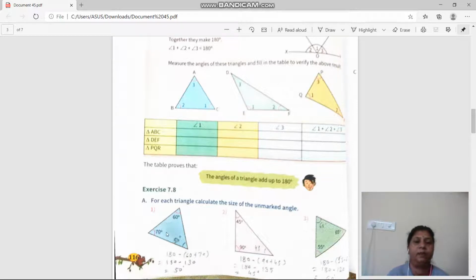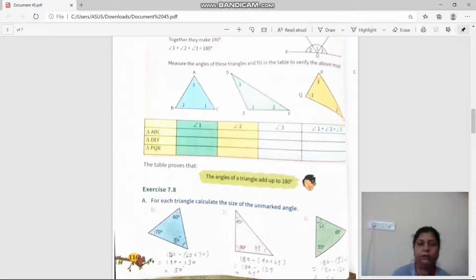See here, the angles given are 60 and 70. So what is our rule? The addition is 180. If we subtract the addition of these two from 180, we get the third angle. Two angles we know, so we have to subtract the addition of these two angles from 180.